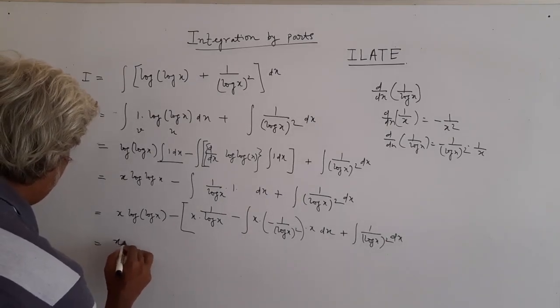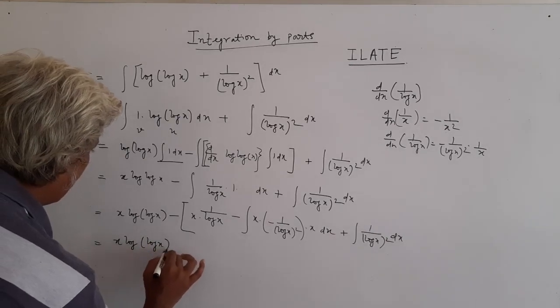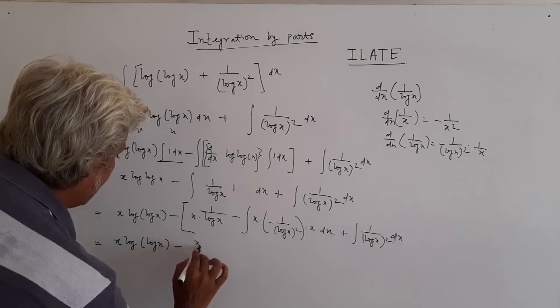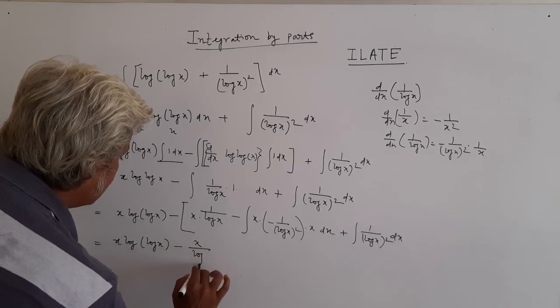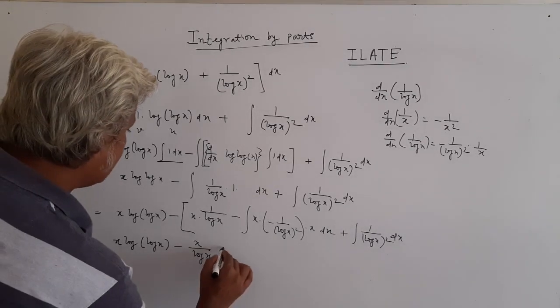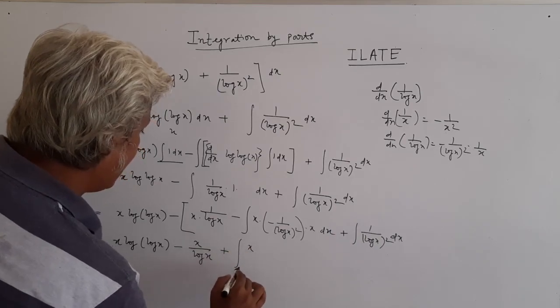So that is x log x minus x over log x. I hope you all see this term because I am at the bottom of the whiteboard. And then this plus the integration of x.